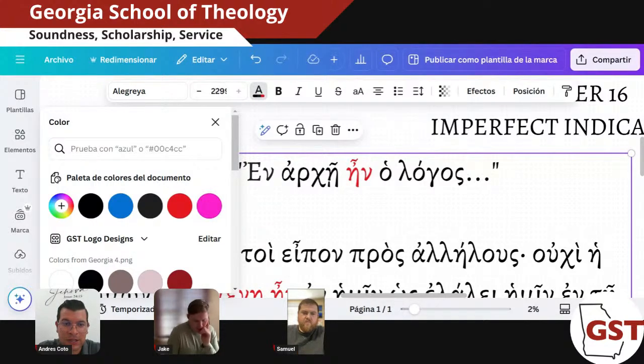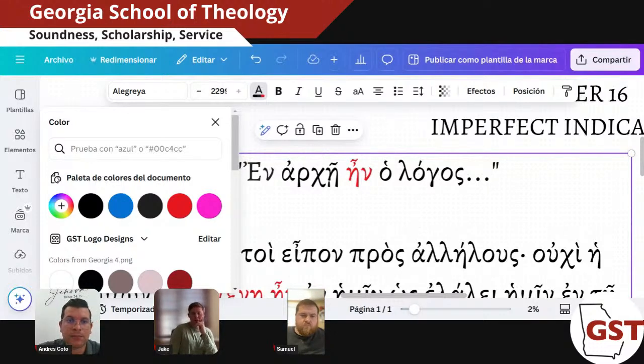So what is interesting about een here in the imperfect indicative? If we remember, the imperfect indicative is an action that happens in the past but is continuous. So when we read in John 1:1, "In the beginning was the Word," "was" is imperfect indicative. It was a continuous action. It shows how he was being in the past.